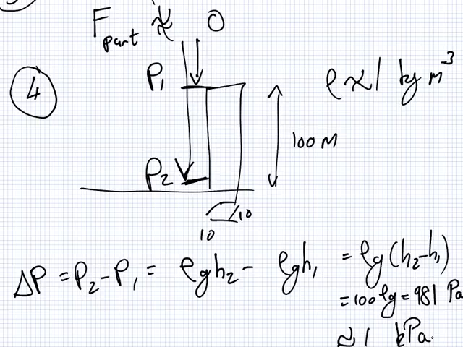Why is it called a barometer instead of a pascalometer? Any ideas? Because it's easier to pronounce. No. Barometer comes from the old unit for pressure. Pressure was originally measured in a unit called bars. So this is why it's called a barometer.